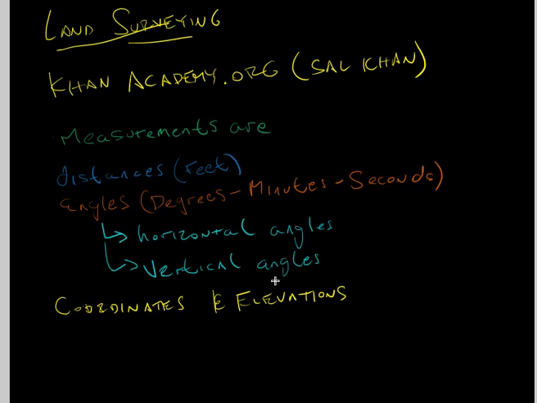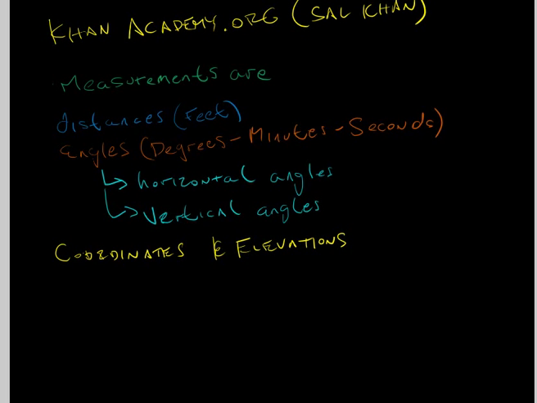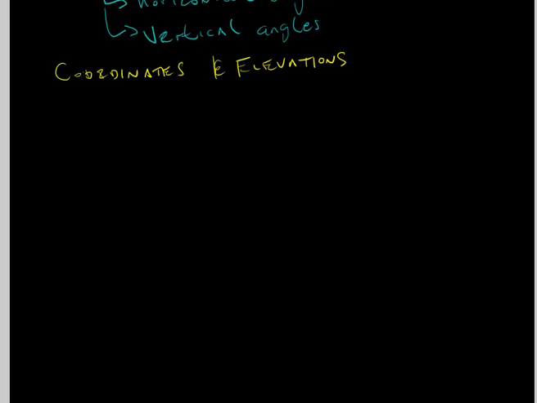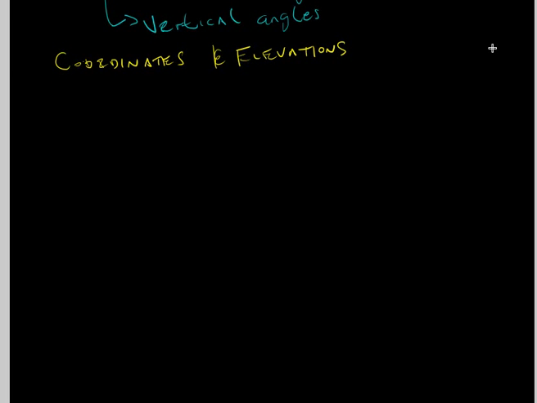So coordinates and elevations. So using these, once they transfer these measurements to coordinates and elevations, they use a lot of mathematics. And there's three types of mathematics that surveyors use mostly.